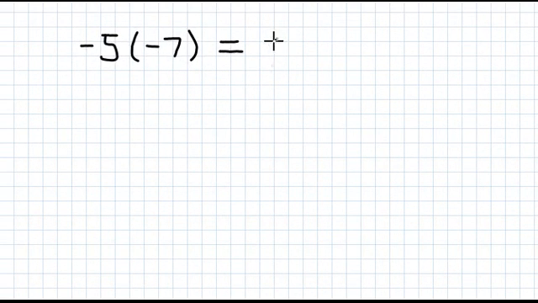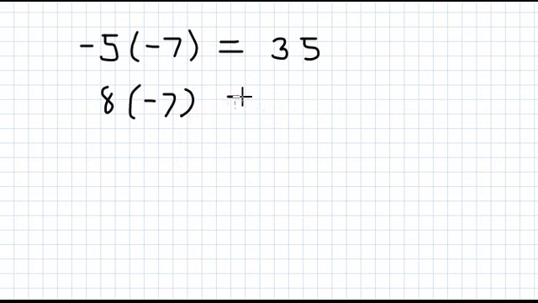So that becomes positive, and that would be a positive 35. So if I had, for example, 8 times a negative 7, we have a positive and a negative, right? So we end up with a negative number. Negative 56.